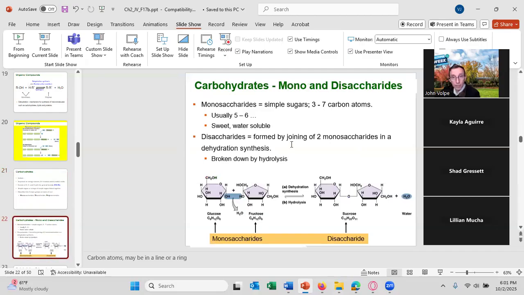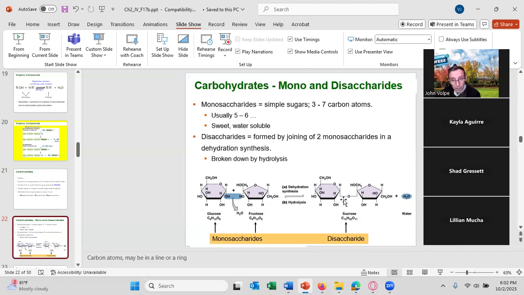So here we're looking at the monosaccharides glucose and fructose. They can get together in a dehydration synthesis reaction where the H comes off the fructose, the OH comes off the glucose, and then that carbon right there binds directly to that oxygen on fructose.